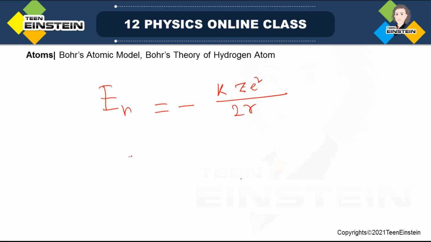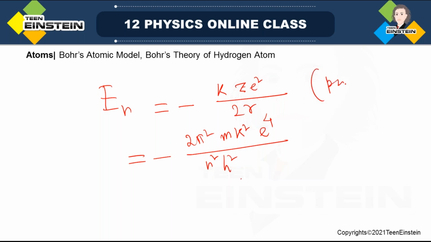Now if we put the value of r, the expression we get ultimately is 2 pi square m k square e to the power 4 divided by h square into n square. This is the final expression.